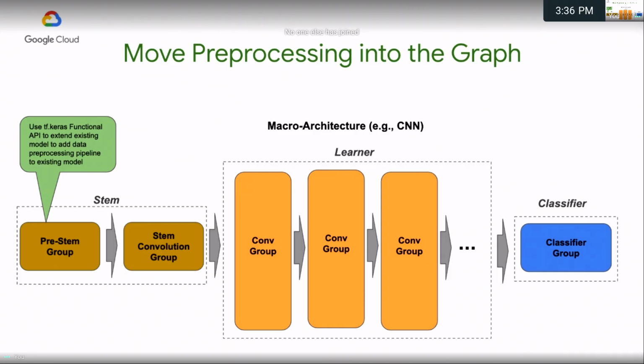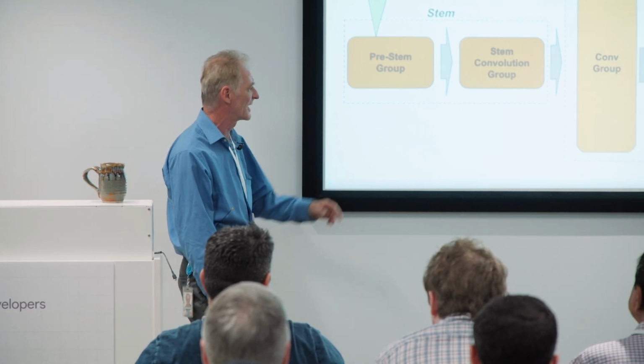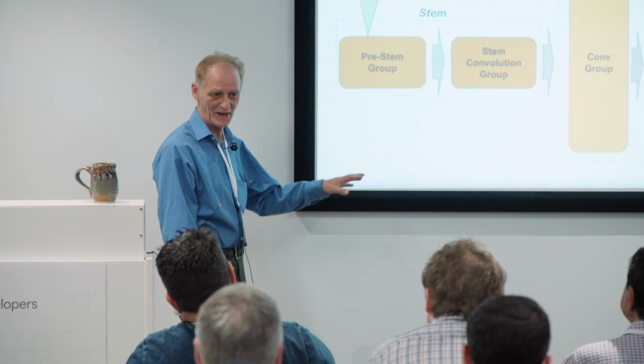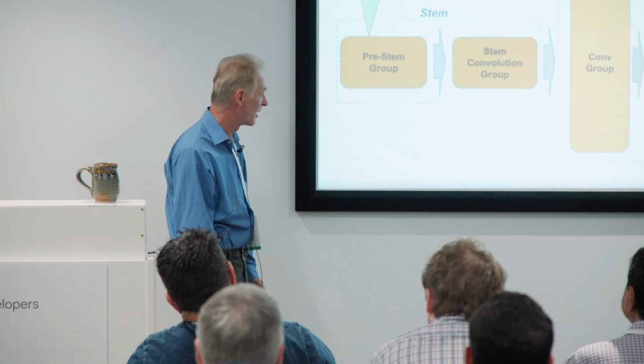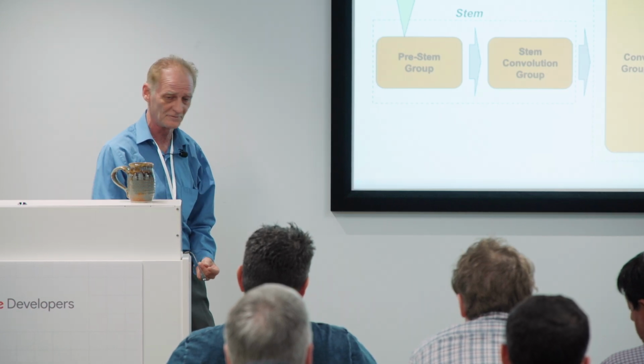So, conceptually, today's modern architecture, and I'm just going to use a convolutional neural network architecture, looks effectively like this. Ever since about 2015, with the residual network, it's followed this general architecture, where we have a stem convolution group. That's what takes the initial images coming in and builds the first feature maps.